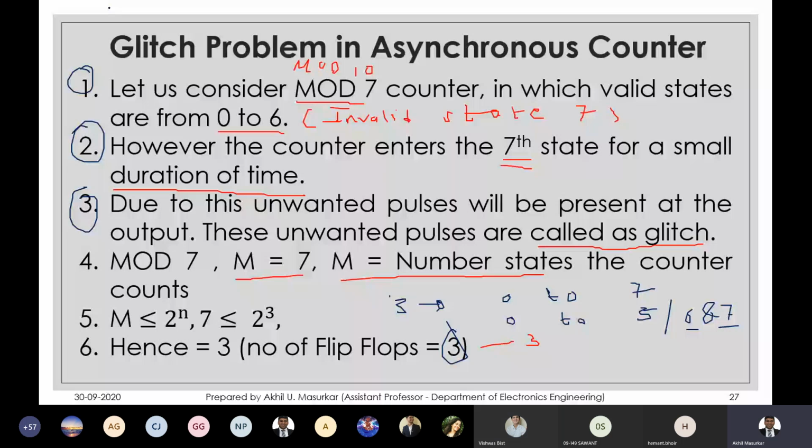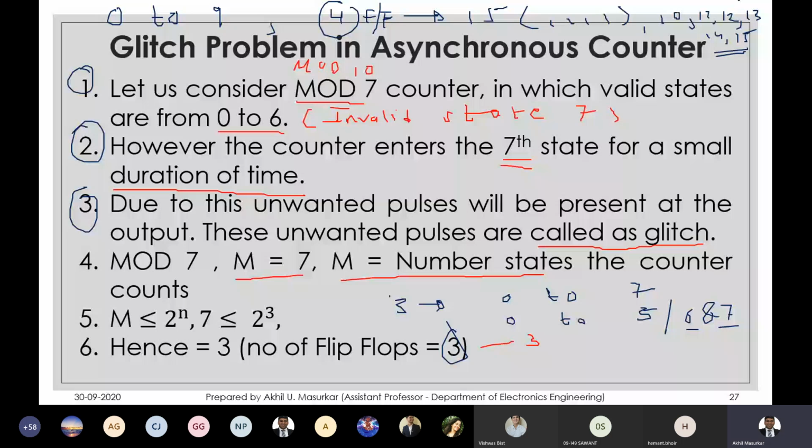But to count 0 to 9, I require 4 flip-flops. And with 4 flip-flops, maximum I can count up to 15, that is 1, 1, 1, 1. So I am counting only till 9. So automatically 10, 11, 12, 13, 14, and 15, 6 states, are invalid states.